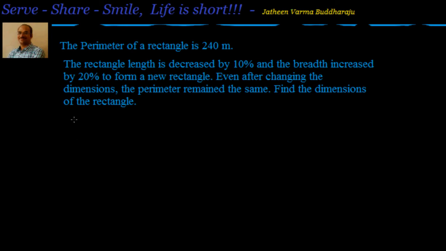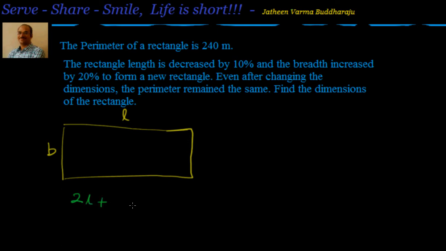The first step, let me draw the rectangle. Let's say that's my rectangle. We have length here, we have breadth here. We know that perimeter equals 240.